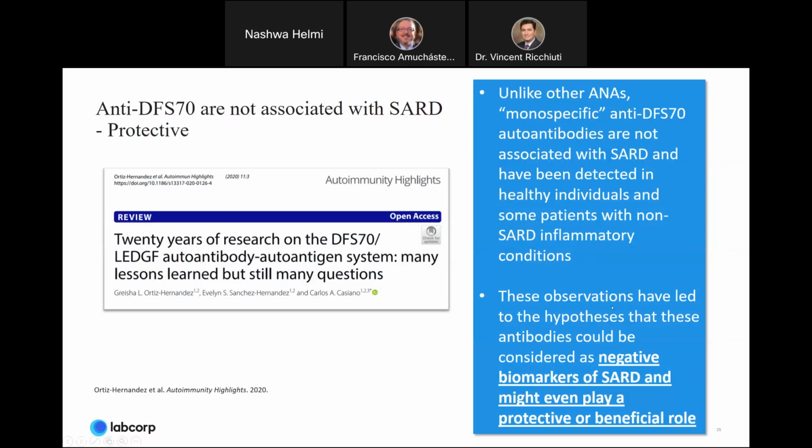They also conclude that these observations have led to the hypothesis that these antibodies could be considered a negative biomarker of systemic autoimmune rheumatic disease and might even play a protective or beneficial role as well.